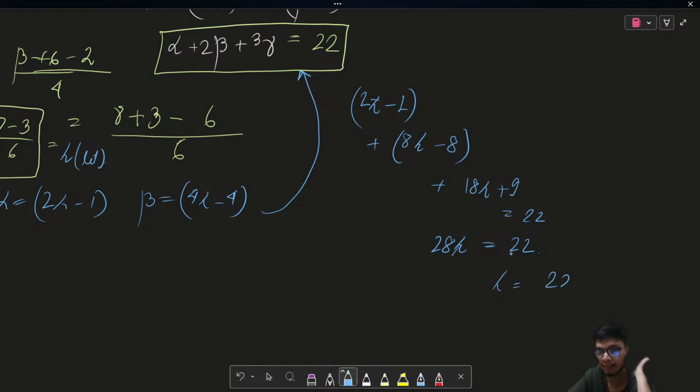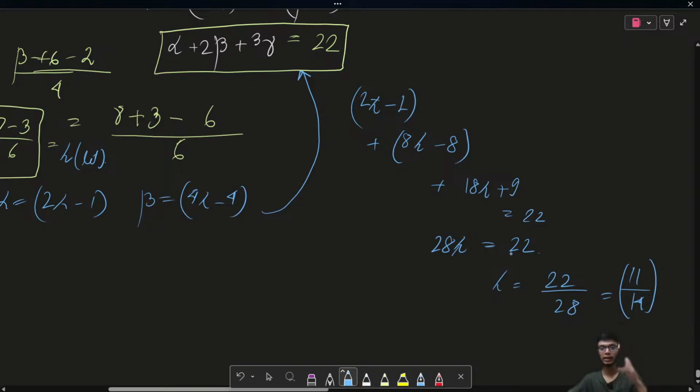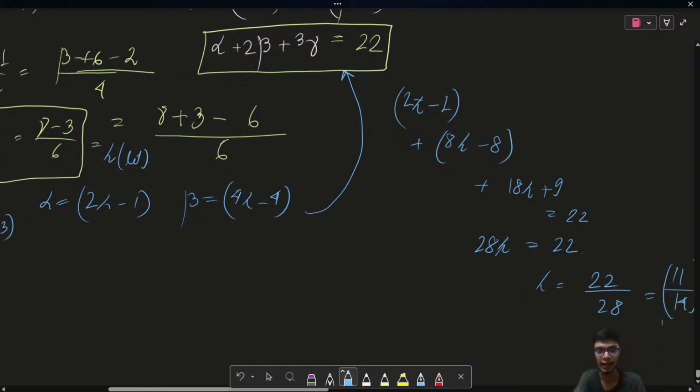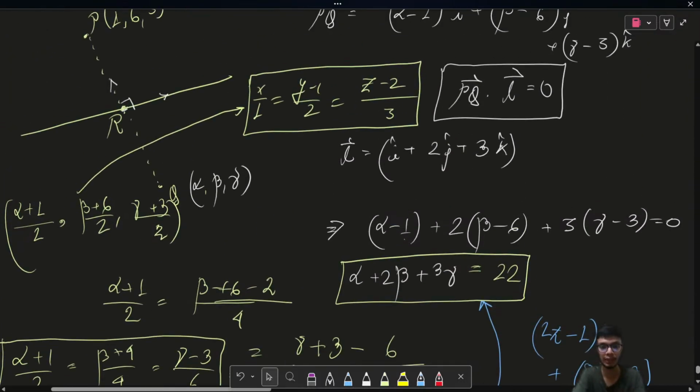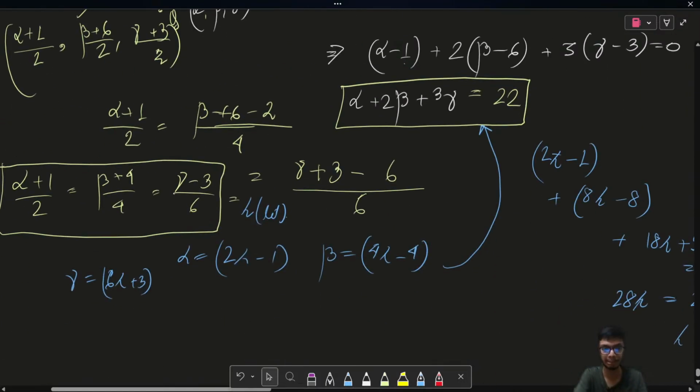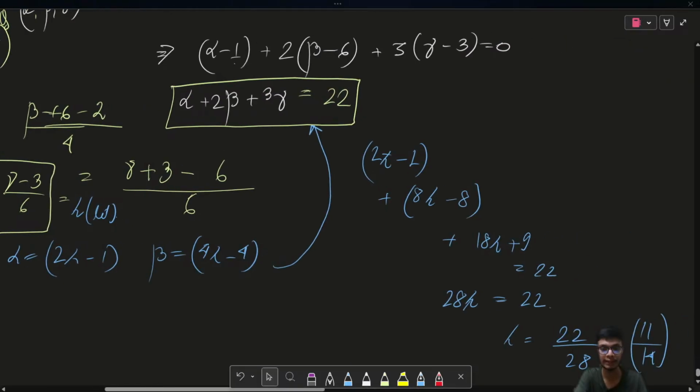So lambda I will have as 22 upon 28, which is 11 upon 14. So I will have the value of lambda. Now once I have this value of lambda, I can easily put it back into my following equations to obtain alpha, beta, gamma, right? So I will obtain easily from here my image point, and that will be my following answer.